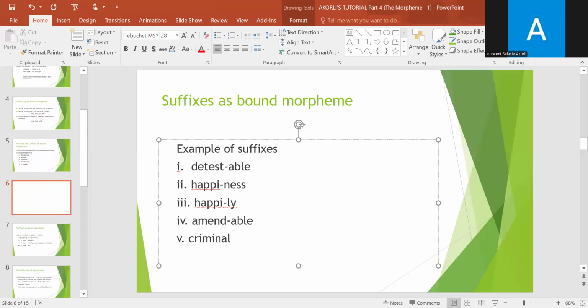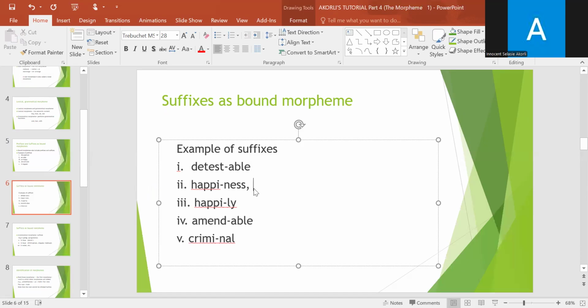Crime plus al, now criminal. So all the words on the left hand side are the roots. But note that in trying to form another word by adding a syllable, a morpheme, the original roots may be altered.